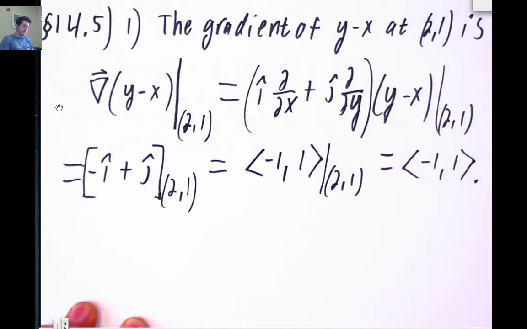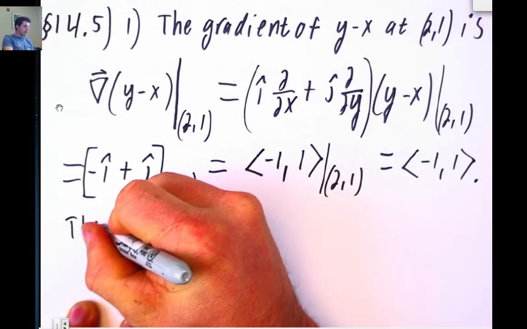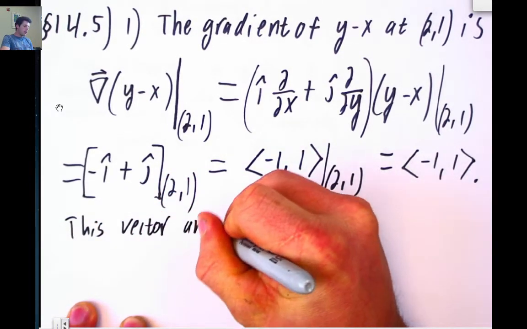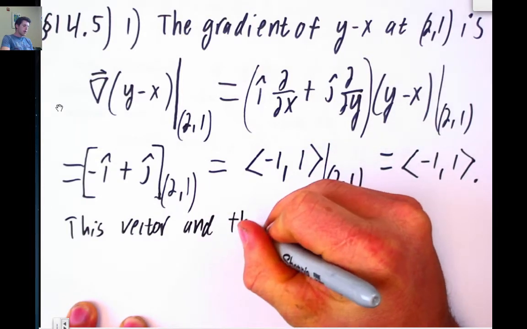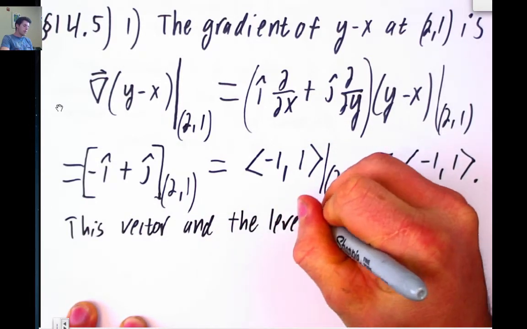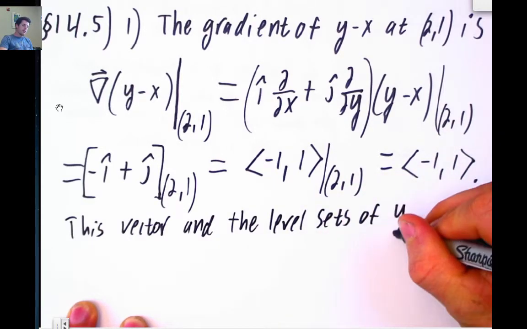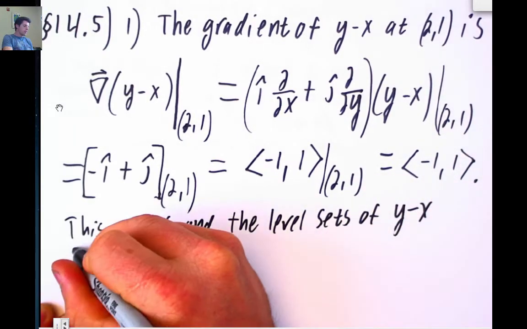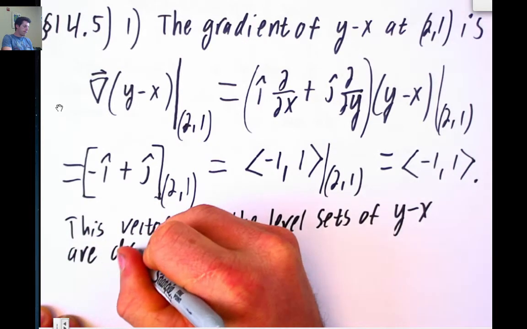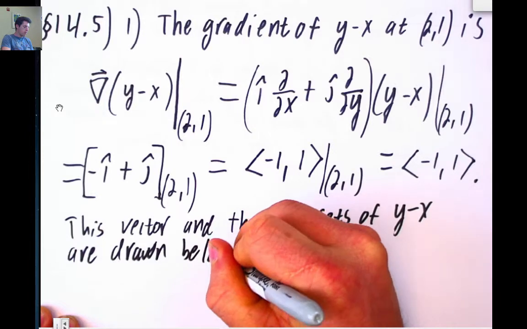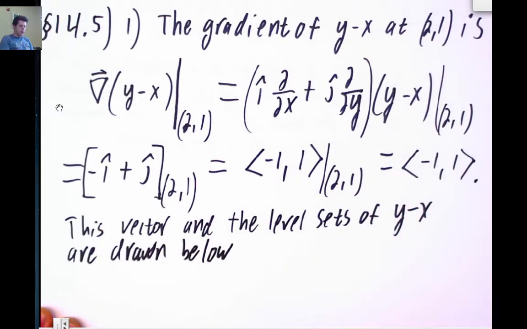Right, this vector and the level sets of y minus x are drawn below. So let me go ahead and draw those.